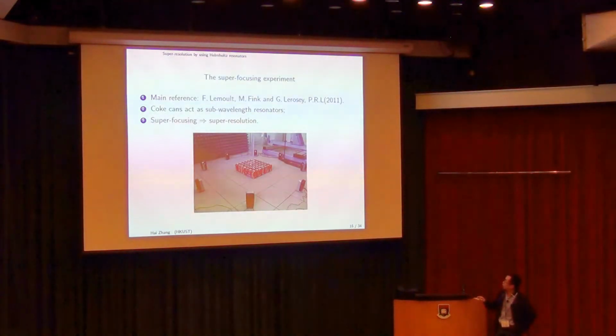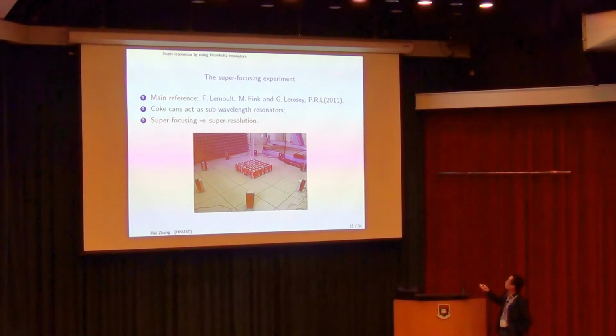Using these Helmholtz resonators, this group of scientists in France performed a very exciting superfocusing experiment. This is the setup of their experiment. We have a pointer source. This is a time reversal experiment. In the first step, the point source above these cocoa cans emits a pulse.